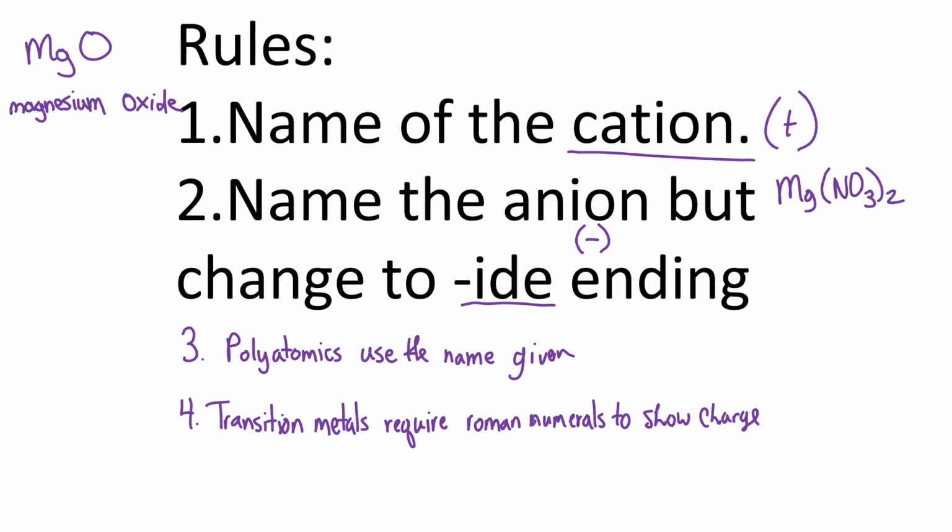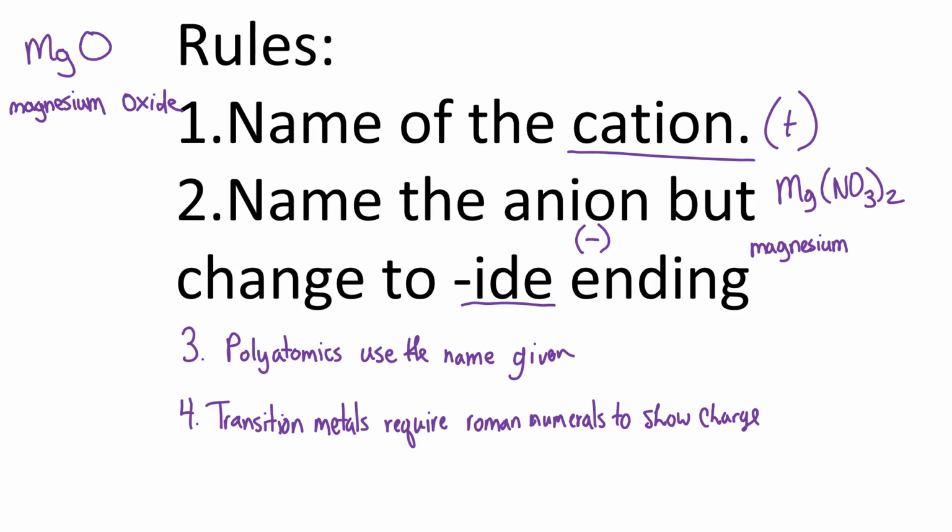But we have this formula now. So I do everything the same. I name magnesium as it is. But when it's a polyatomic ion, I'm not going to change the name of this.